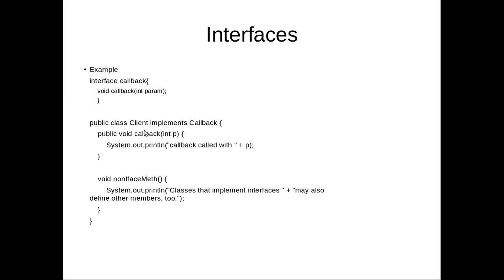So in that class itself, apart from these implemented methods, you can have other methods also. That means a non-interface method. So the implementation of interface methods as well as non-interface methods can be used inside the body of that class.